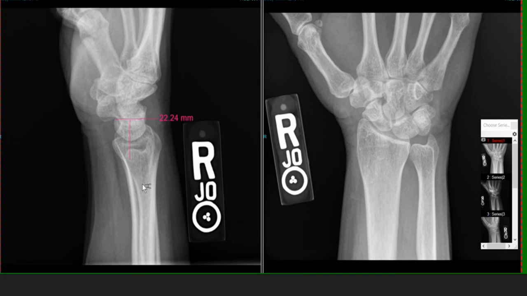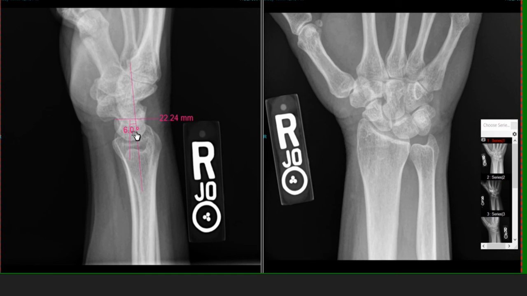Let's now construct our radius line and draw a line up the center of the radius, which is right about here. So this particular angle is coming in at about 6 degrees.